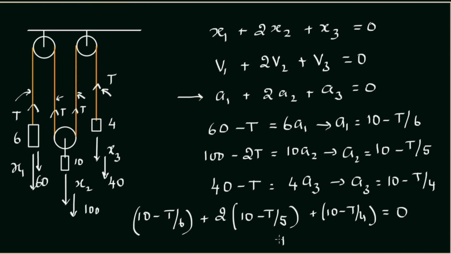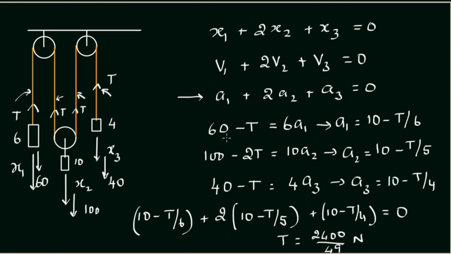If we do that, we find the tension is equal to, I'll let you solve that. You should get 2400 by 49 newtons. Wonderful. We have the tension.